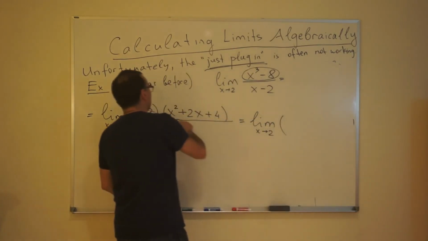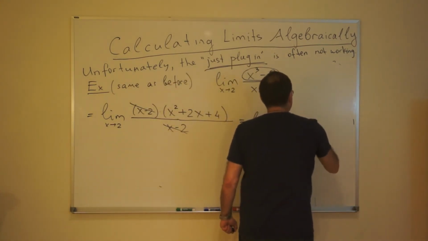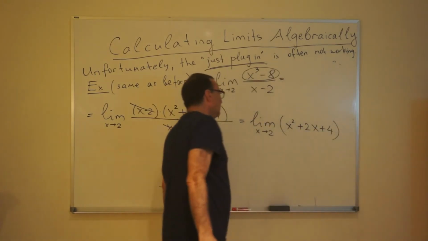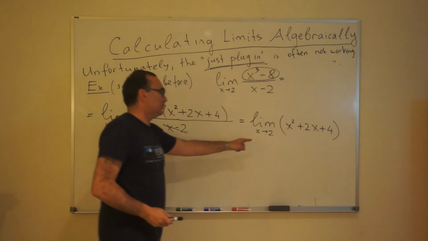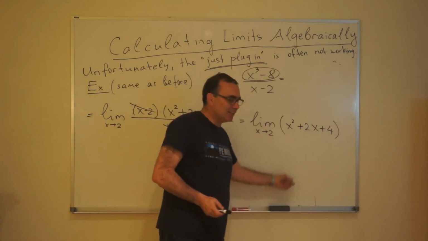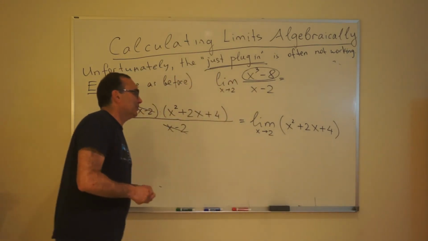we will get just this part: x squared plus 2x plus 4. And now we have a problem similar to the previous example, which means in this problem, yes, we can plug in. Because when we plug in, there is no situation like division by 0, there is no division at all.